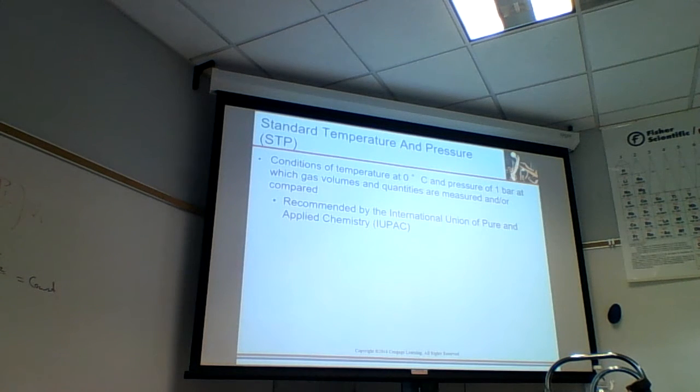Sometimes they'll try to compare different gases, and when you compare gases, we want to compare them at the same temperature and the same pressure. So they pick 0 degrees C and 1 bar. 1 bar makes sense, because 1 bar is like normal, everyday pressure. But 0 degrees C does not make so much sense to me, because 0 degrees C is not so easy to work in.